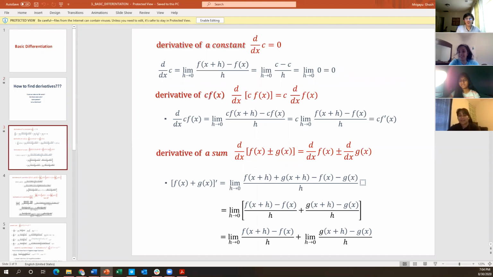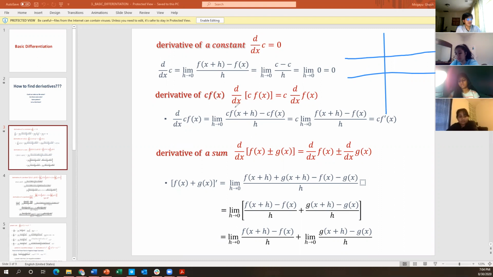So I'll just go over these things real quick. The derivative of a constant is 0. Instead of memorizing rules, just think: if I plot a constant c, the slope at every point is 0. That's why the derivative of a constant is 0. Now, what if I have c times f of x?